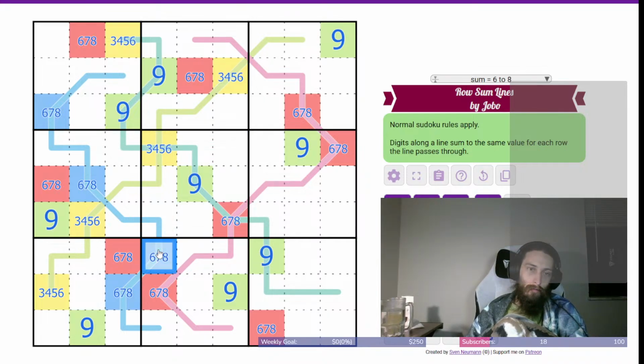Oh, blue has to be up here, but it can't be on green because of blue there. Oh, right. So now blue is smaller than red.